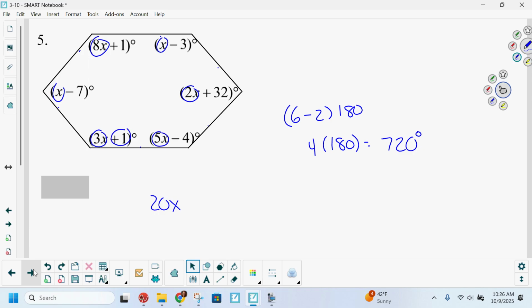So I've got 1, 33, 34. This knocks me down to 30, 27, 20. And now I can solve. So subtract the 20.